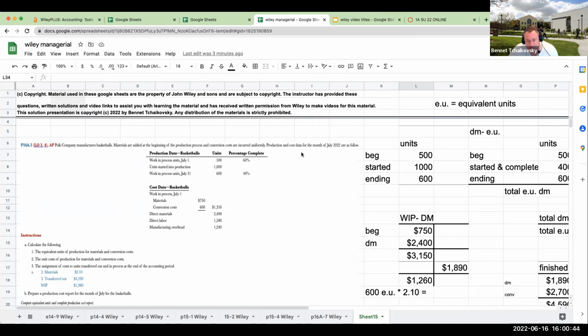I've had plenty of students who have come up to me over the years saying, Bennett, what you taught me was great. It got me through upper division cost accounting. And I'm like, really? Okay, that's sweet. I mean, but look, whatever works is going to work best for you. But frankly, I would really, really encourage you to go through and to use T accounts, just because it's a better visual representation of what's going on. If you're taking my class, I would never give it to you like this. I'm going to tell you started and completed so you don't have to do that one particular step.